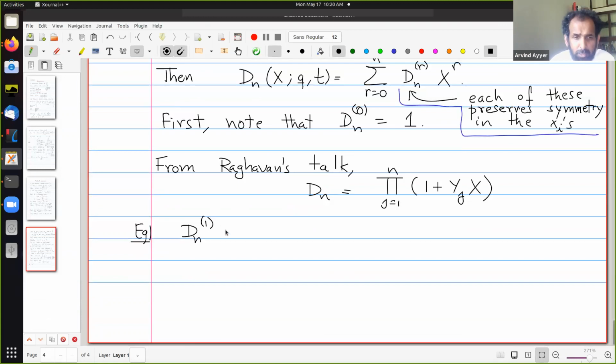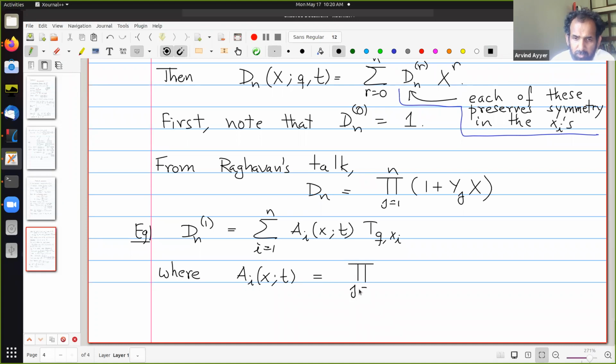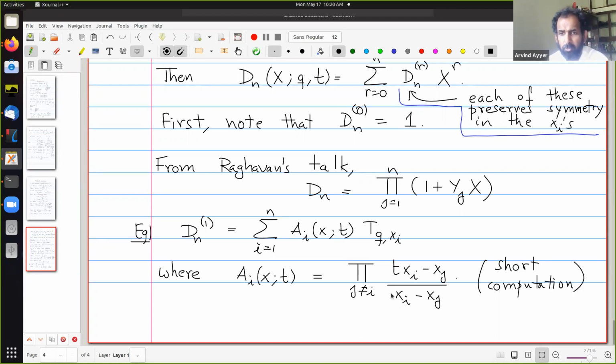So D_n^1 is the sum over i equals 1 to n of A_i(x;t) T_{q,x_i}, where A_i(x;t), this is a short computation, is the product over j not equal to i of (t x_i minus x_j) divided by (x_i minus x_j).